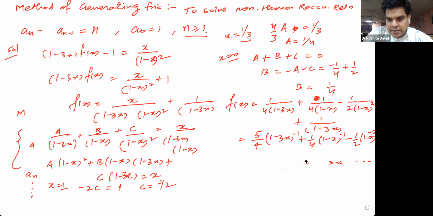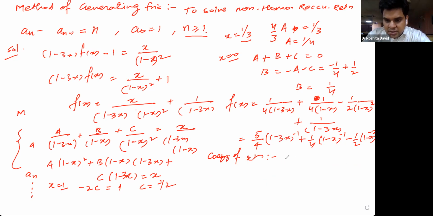Okay, so how can we expand this? Tell me what's going to be the expansion. If I collect the coefficient of x to the power n, the expansion will be 1 plus 3x plus 3x square plus 3x cube plus 3x power 4 and so on.